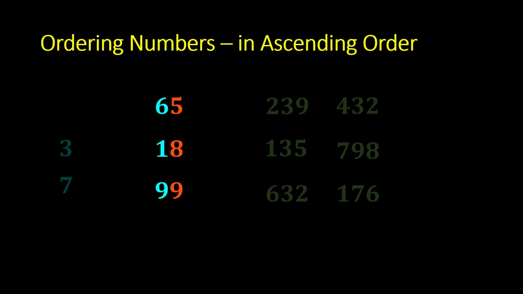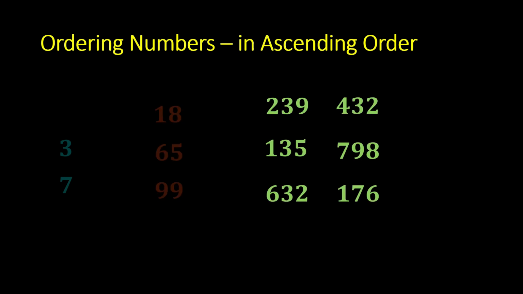Notice that they're not in order. So we need to shift the 18 to the top as shown here to give us the numbers in order of size, 18, 65 and 99. And now for the 3-digit numbers. Again, we highlight the leading digits and then start to put them in order of size. Let's make some space.